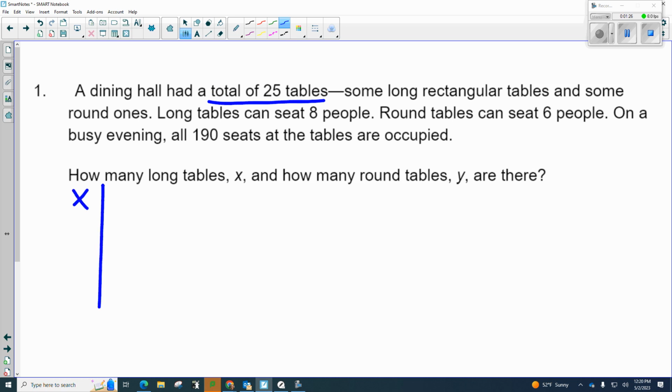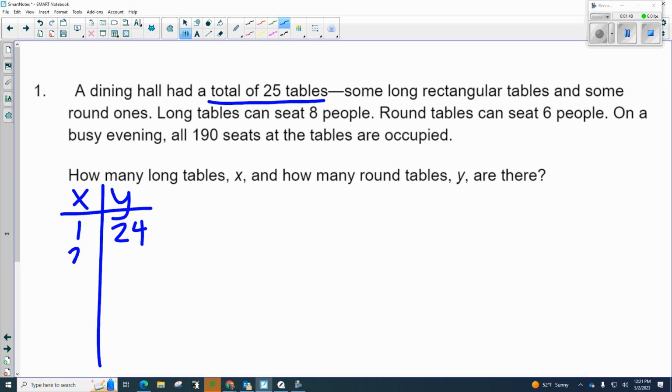And so I started to think about, well, what if I made a table about tables? Yes, it's cheesy. So the long tables, I just said, okay, let's say we had one long table. Well, if I know there's a total of 25, that means we must have 24 round tables, right?